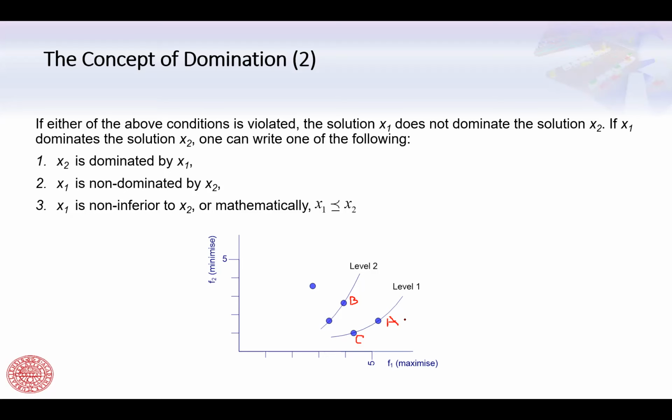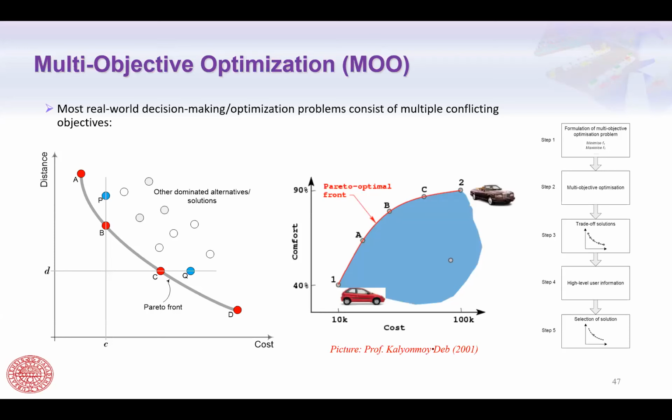Your goal is to get the solutions on level 1, but sometimes you may have level 2 and level 3 and so on. Based on this calculation on the population of solutions, you can get the different levels, and in the same level, the solutions are non-dominating to each other. So these are some classical examples. I think the middle one is from Professor Deb.